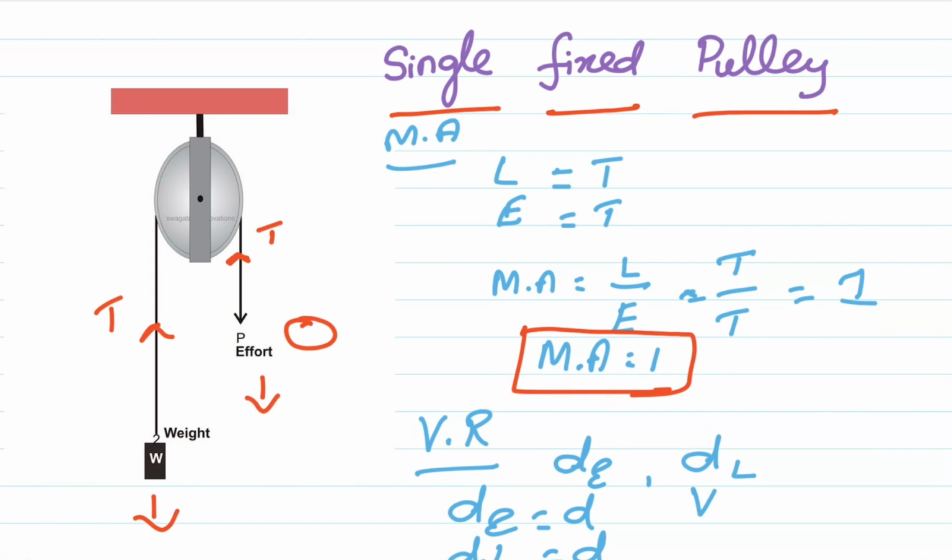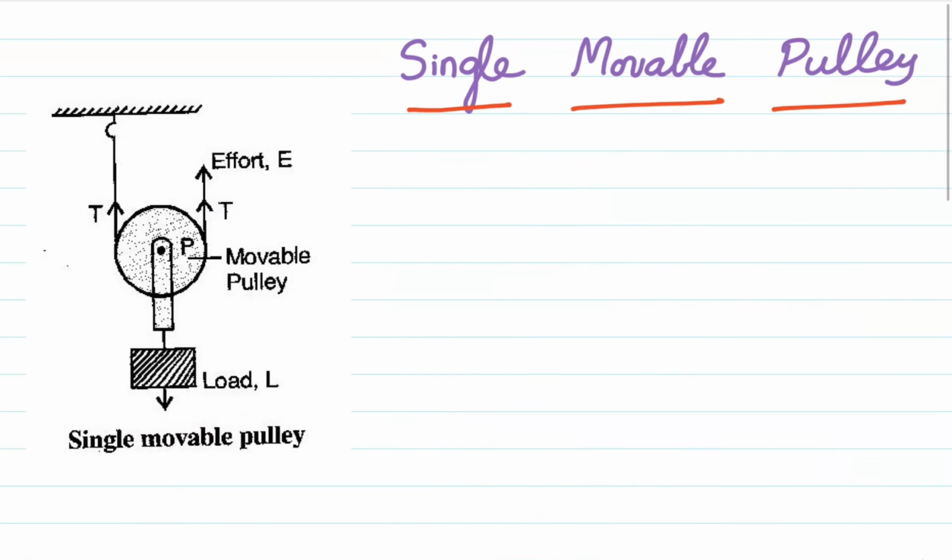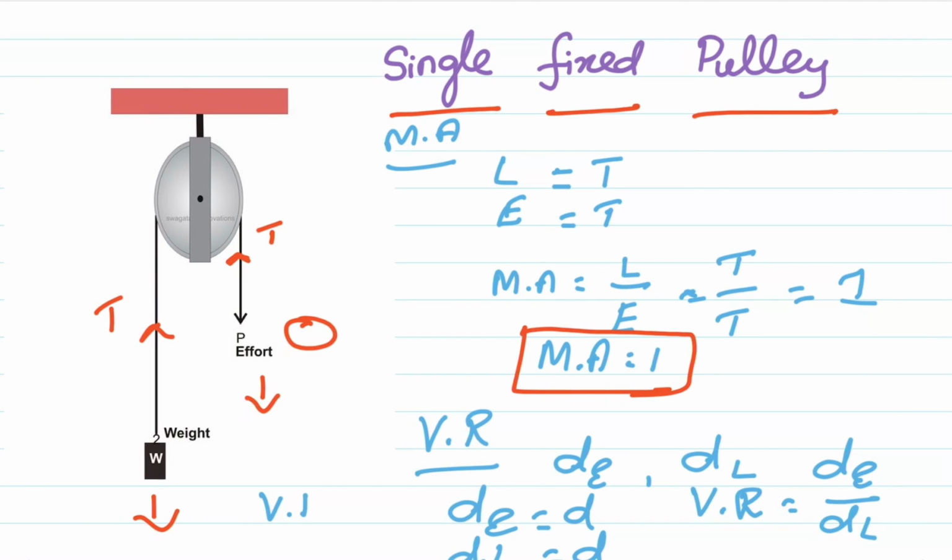From definition, we know that velocity ratio is equal to displacement of the effort by displacement of the load. If you substitute here, velocity ratio is equal to D by D, which is equal to 1. So, velocity ratio is also equal to 1.